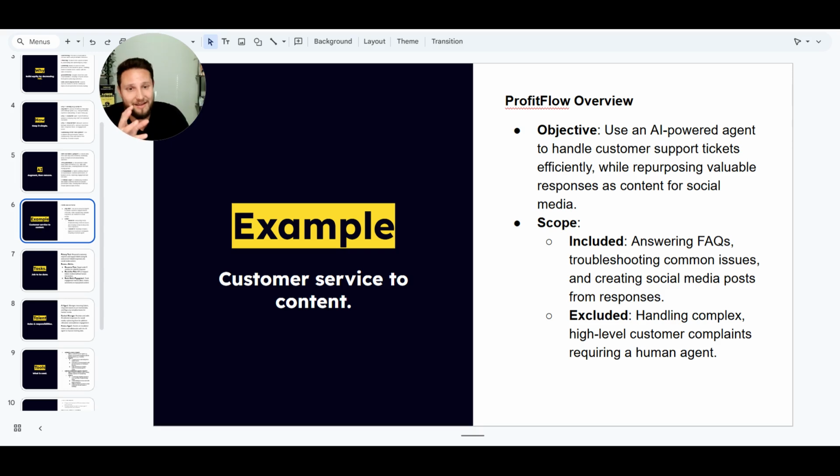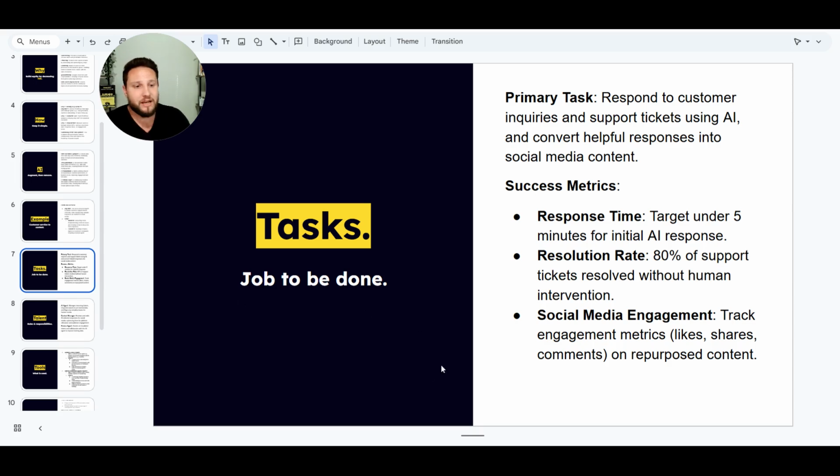You're not going to have the AI agent handle complex, high-level customer complaints. So you're augmenting the low-level function and escalating the high level to people so that you're keeping high quality, quality compliance, and assurance. And same with the content: you're going to have somebody audit it and make sure it's good before it goes out publicly.